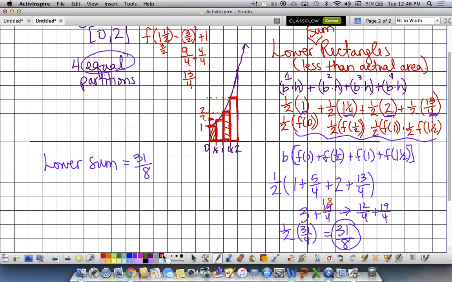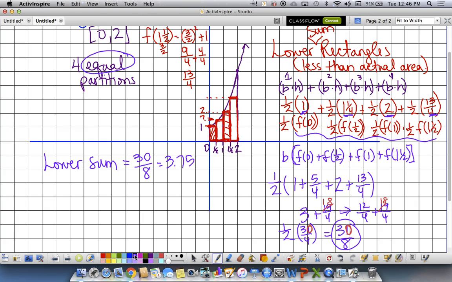So that should have been 18 here, so that would be 30/4, so 30/8. So 30 divided by 8, yep, is 3.75. Now, I need you guys here to help me keep things straight. 30/8, which is equal to 3.75. So that's my lower sum.